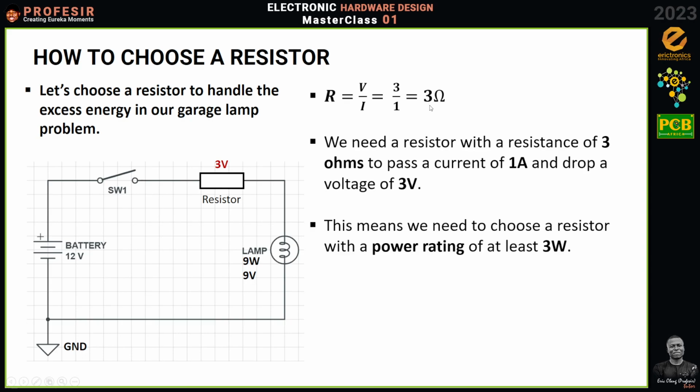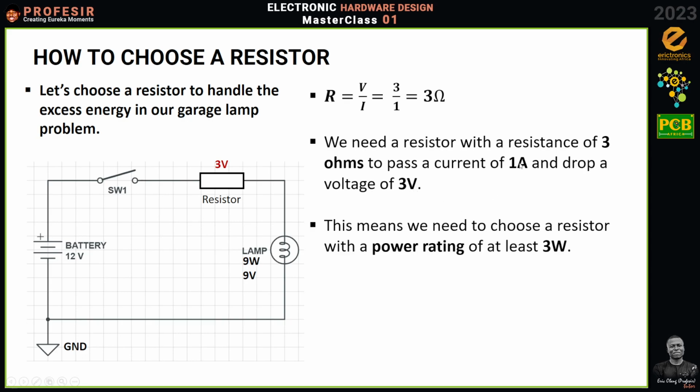So if you just go to the market and tell the vendor, I need a 3 ohm resistor, those who know their thing would ask you what size, and at that point you have to tell them the wattage you need, right? So we usually say something like, quarter watt, half watt, 1/8 watt, 1/16 watt, 1 watt, 3 watt, right? So in this case, when we calculate our power, we said that power is what?